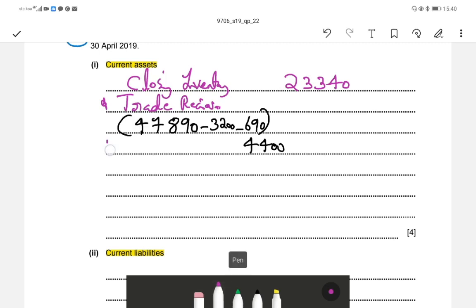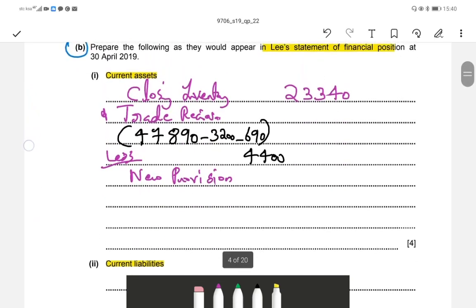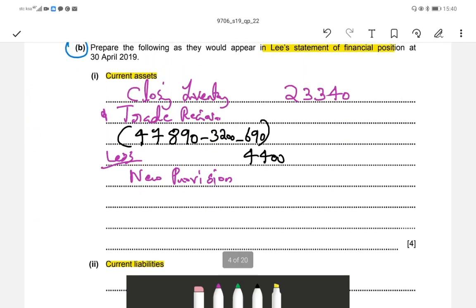Then less new provision. What was the new provision? New provision we calculated here in the workings, 2,200 is the new provision. Trade receivables minus sale or return basis minus bad debt, then minus new provision, 2,200. So what is the trade receivables amount? 41,800.